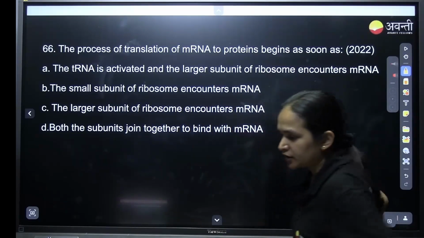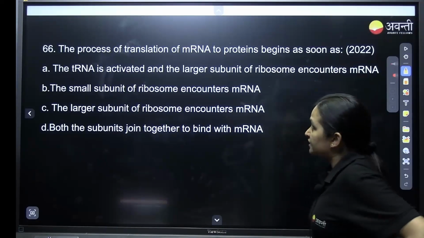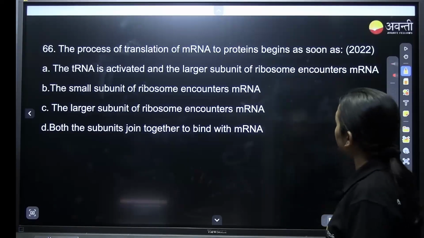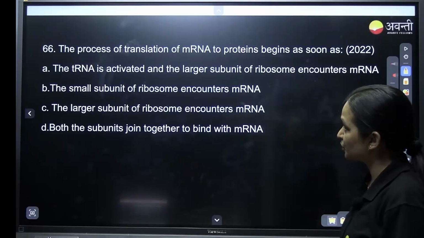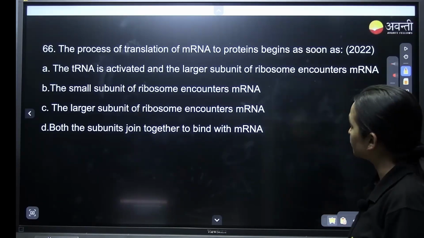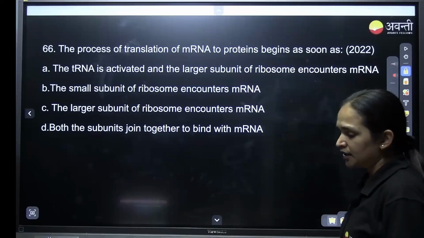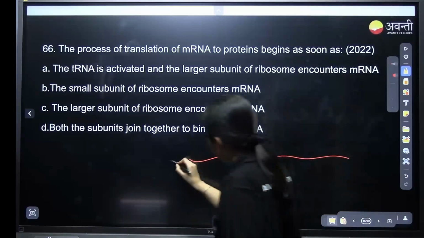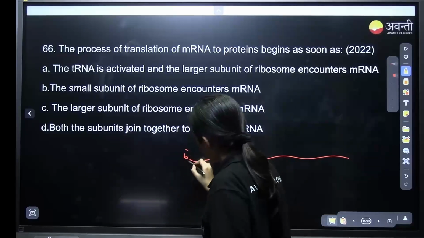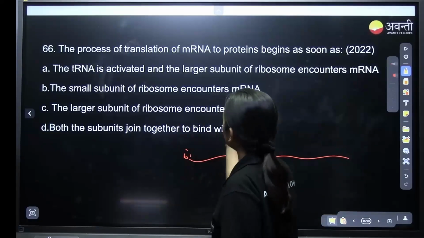Okay, fine. We'll continue. The process of translation of mRNA to protein begins as soon as... How does it begin?